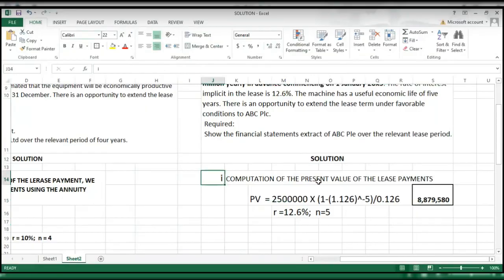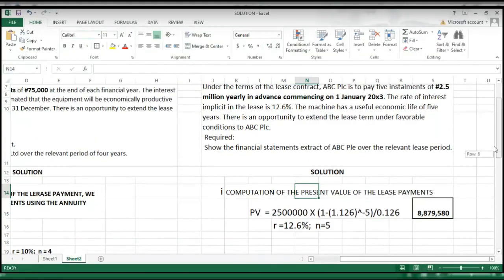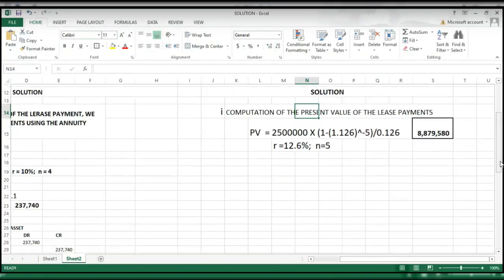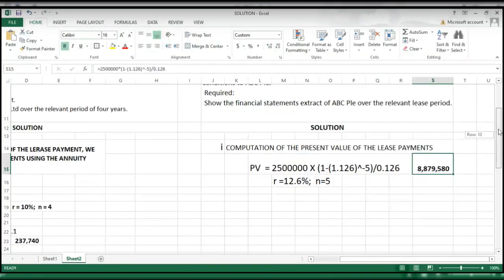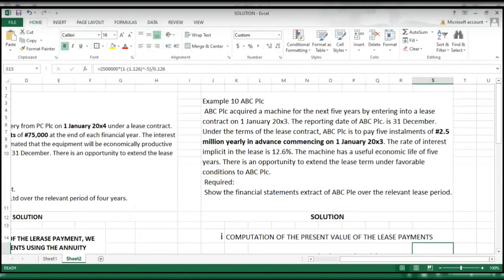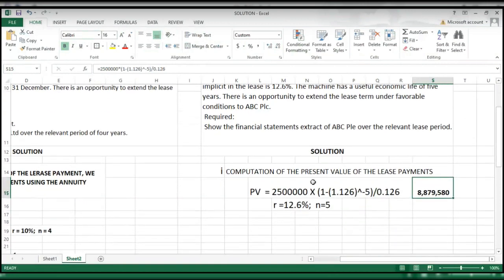In case there's any mistake on my hand, you can quickly draw my attention to it. So that's the first task. Every time you are faced with a question on lease, the first thing is to calculate the present value of the lease payment, discounting the annual payment by the annuity factor. And so we arrive at 8,879,580.